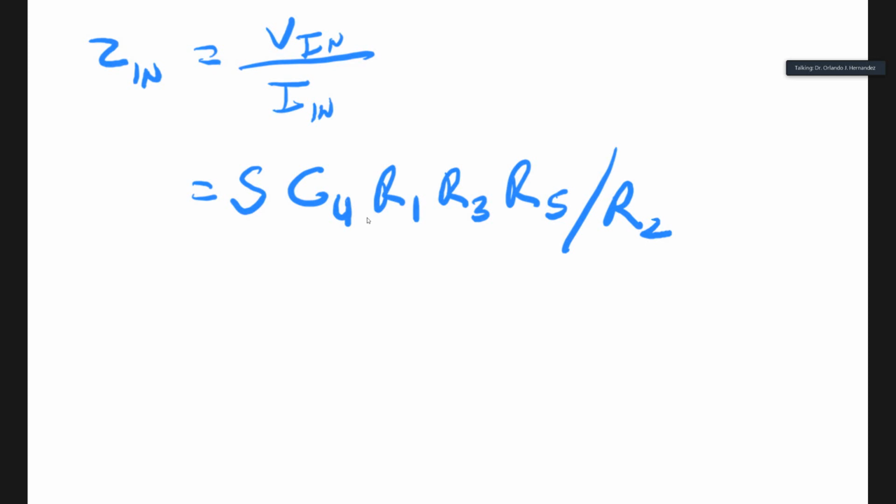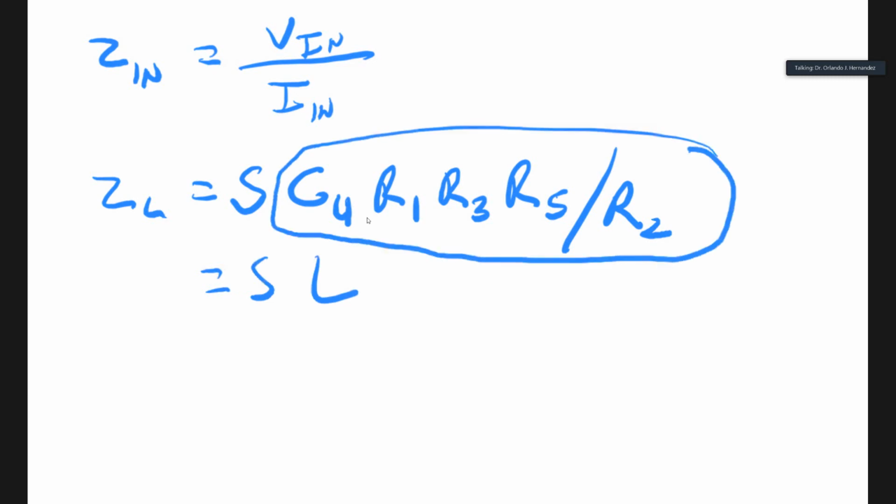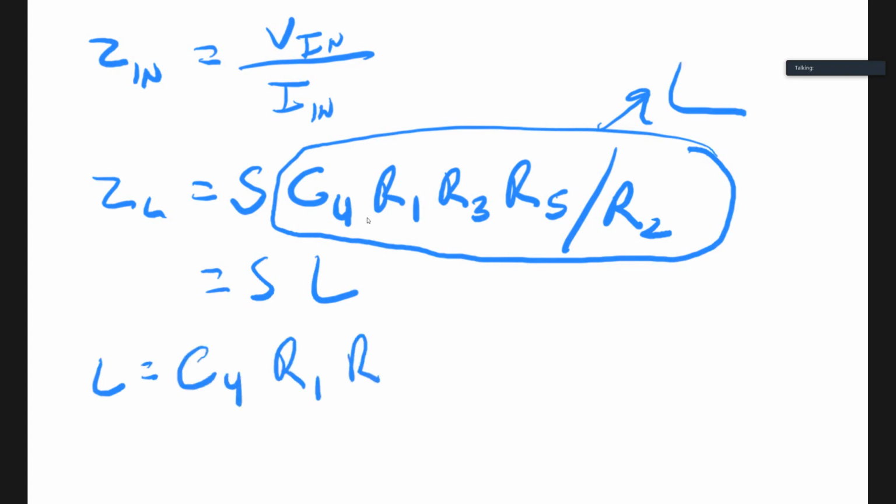So if this is my Laplace impedance for an inductor, and that is SL, then this must be L. And I have many degrees of freedom here.